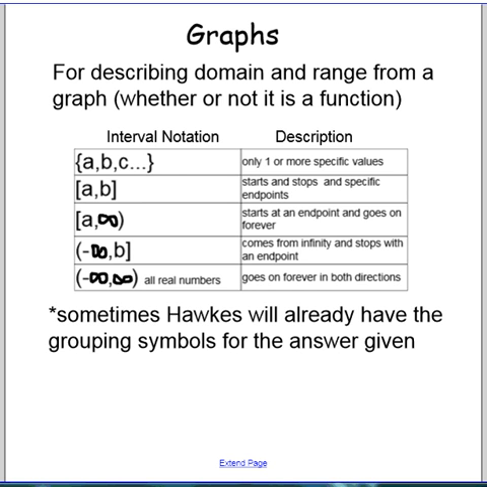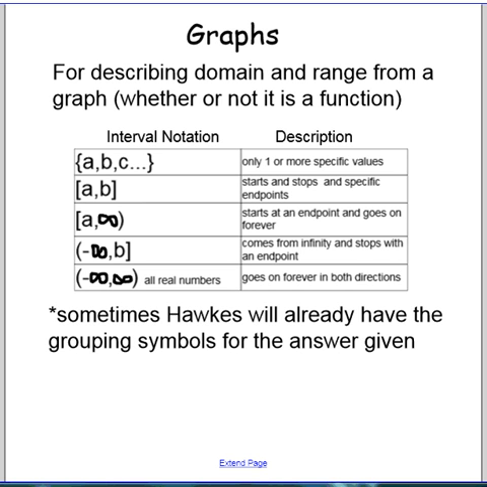And so there's a couple different things that are going to appear for you in describing those domain and range values. So we're looking at what's called interval notation to be able to write the domain and range. And so you might want to copy this chart down. Our first option is the braces.